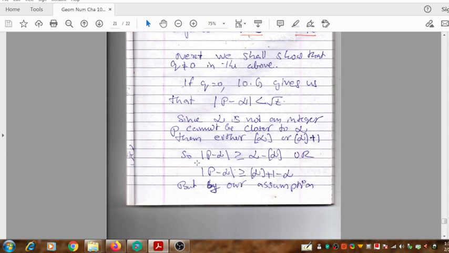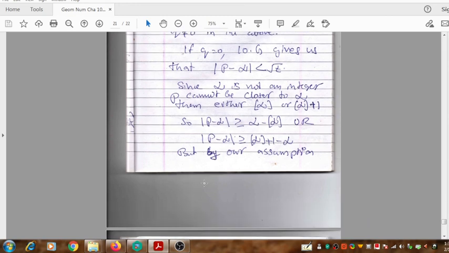So modulus of p minus alpha must be greater than or equal to alpha minus floor of alpha, or greater than or equal to floor of alpha plus 1 minus alpha.